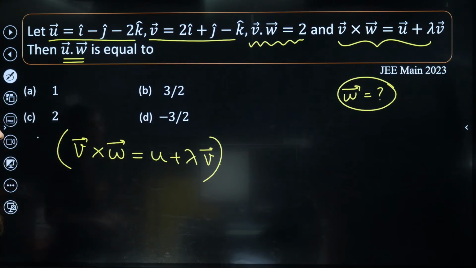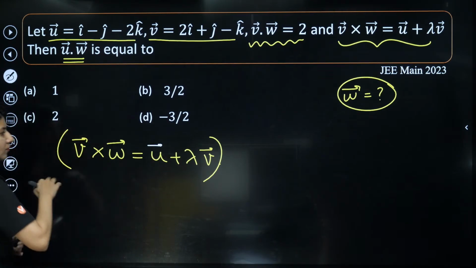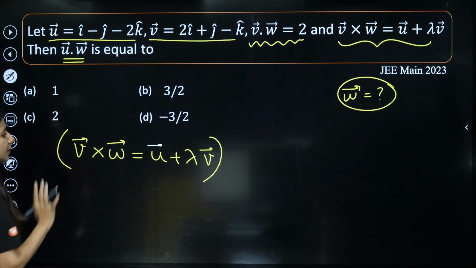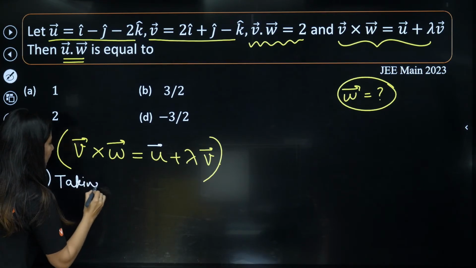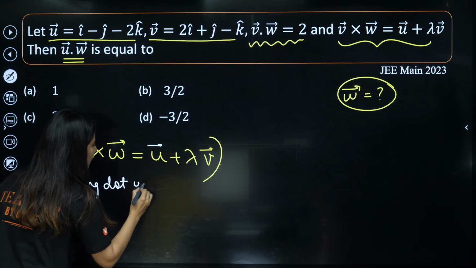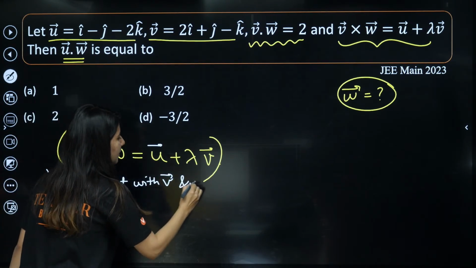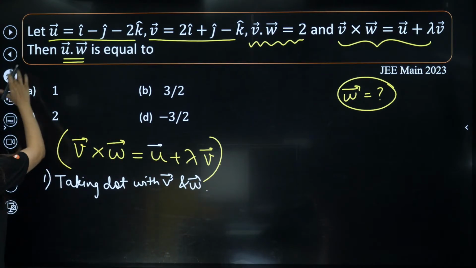Now the question arises: how do we take the dot product, or which vector should be taken dot by? I can see that v and w are already there. So first we will take dot with v vector and w vector.